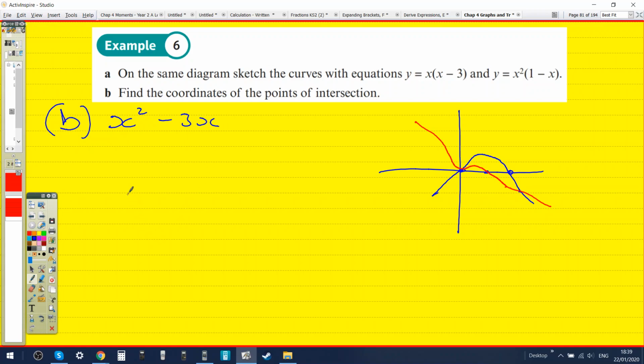And the other one, y equals x squared minus x cubed. And then set them equal to each other. Yes, that's the important bit. Simultaneous equations is when the two equations are equal to each other. And then you would solve that. Okay, go for it.